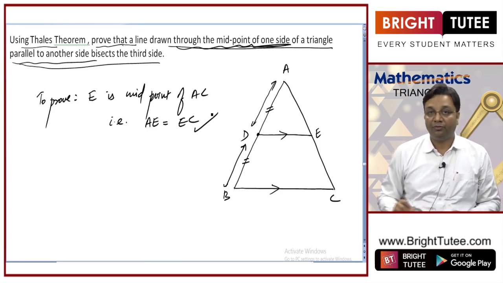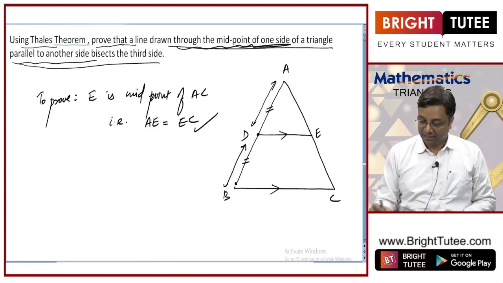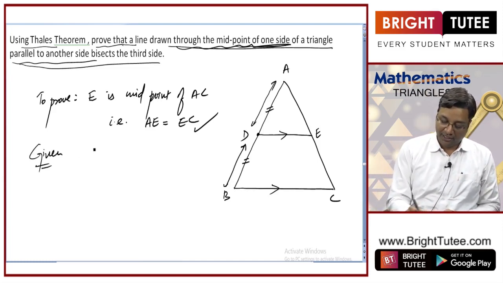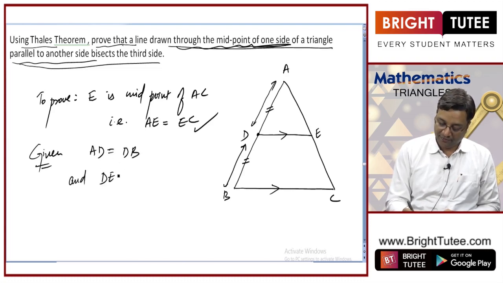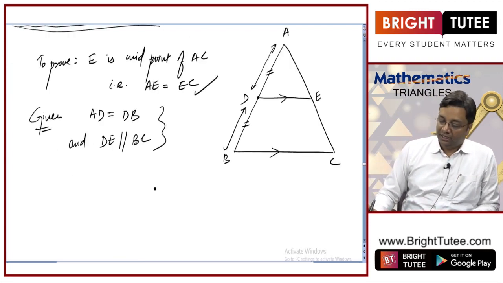This is what I need to prove. What is given is that AD is equal to DB and DE is parallel to BC. This is the given information, right?